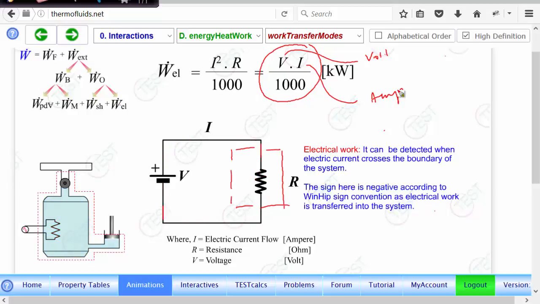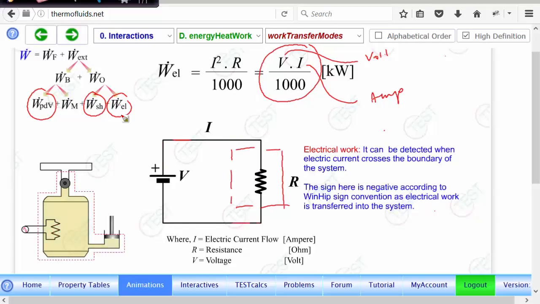But it's important to remember how to know if there is electrical work transfer, shaft work transfer, or boundary work transfer. You clearly draw the boundary of the system and then look for whether there is an electrical cable crossing the boundary. Then you know it's electricity going into the system. Is it going in or out? It should be obvious. If you are sending electricity, you'll be paying money.